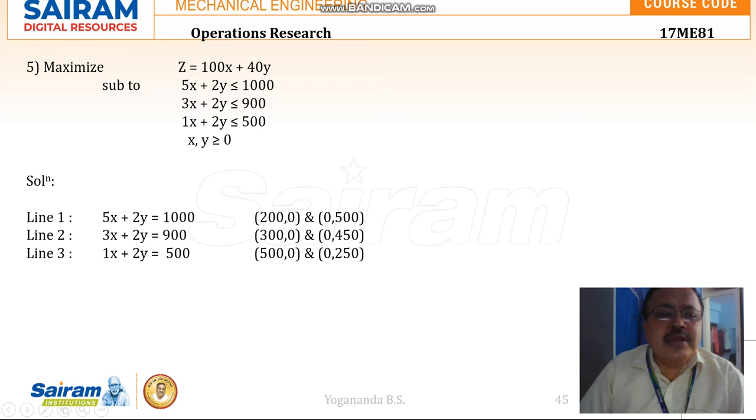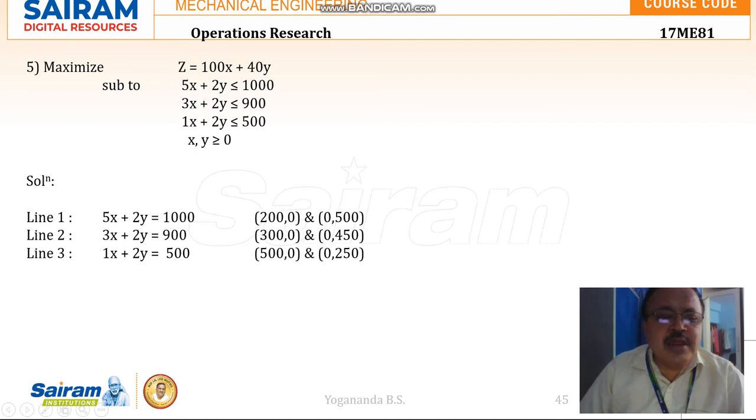Similarly, taking the second constraint, that is 3x plus 2y less than or equal to 900, it is made equals 900. Now either by making x 0 or y 0, we are finding the other ordinate. If y is made 0, 3x is equal to 900, so x is equal to 300. So it is 300 comma 0.